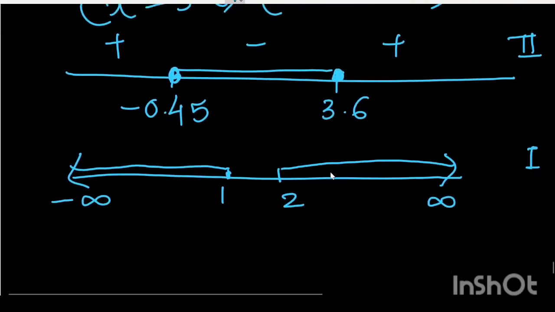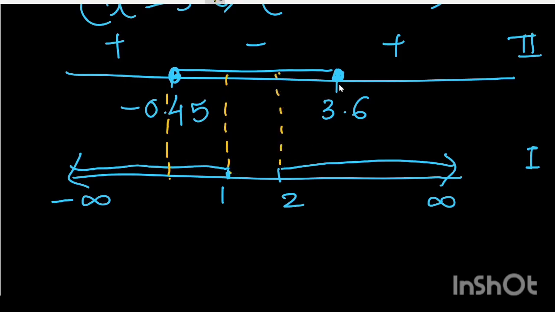Now if you take the intersection, from here to here there is common, and again from 2 to 3.6 there is common.